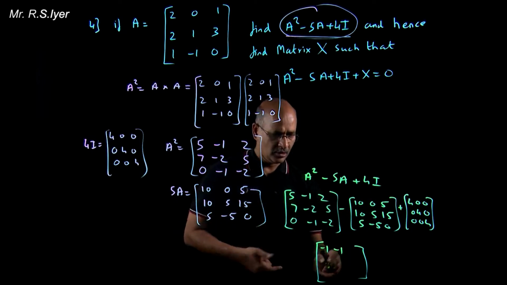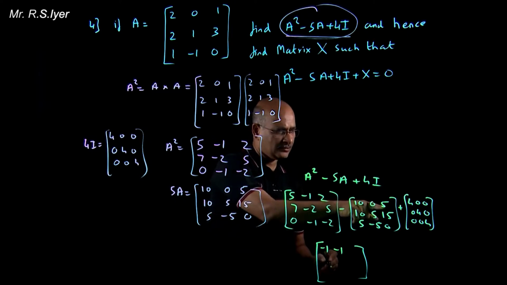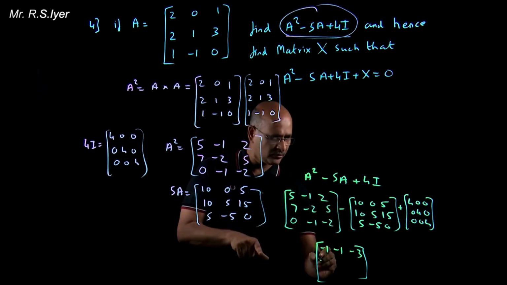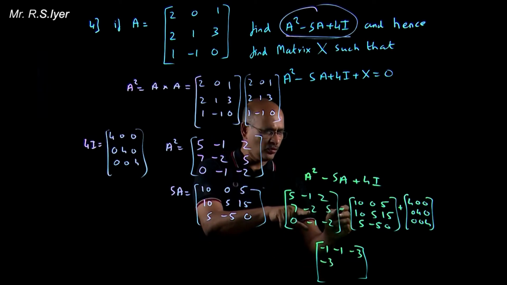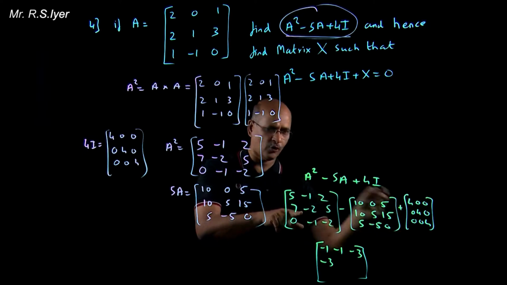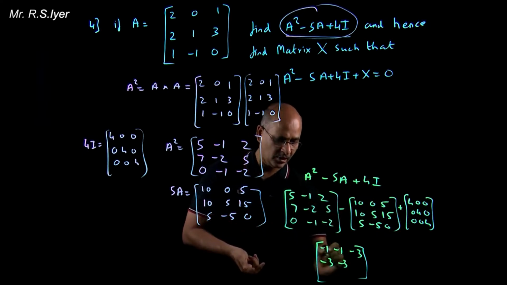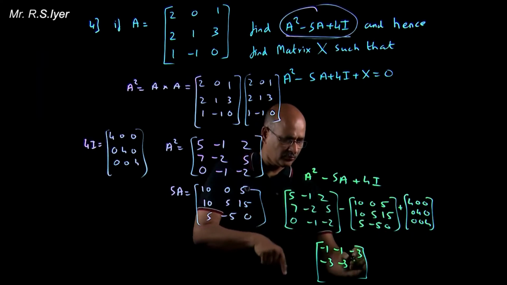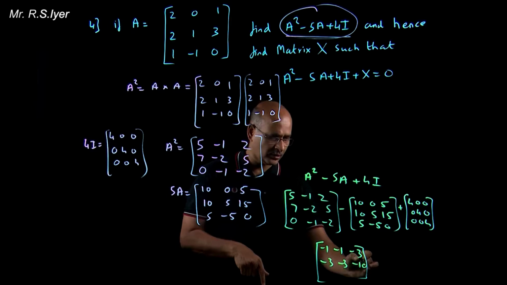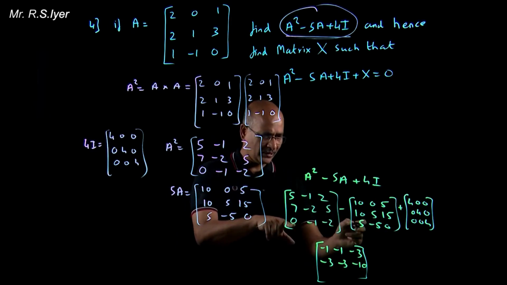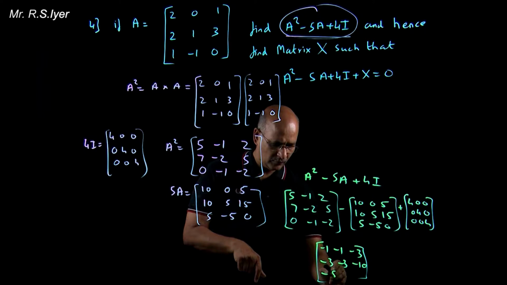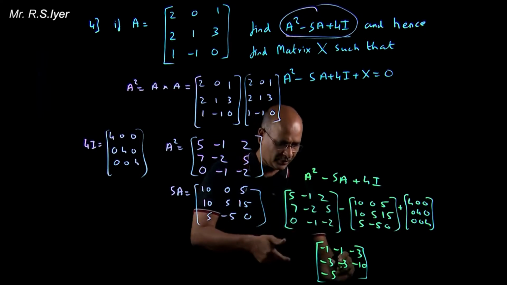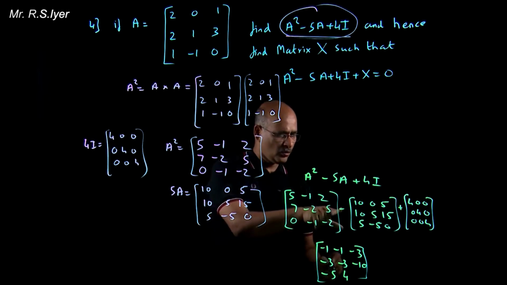So minus 1, 2 minus 5, minus 3; 7 minus 10 minus 3, minus 2 minus 5 minus 7 plus 4, minus 3; then 5 minus 15 minus 10 will be as it is, because the third element will be 0 in this case; 0 minus 5, minus 5; minus 1 minus of minus 5 is plus 5, and here it is 5 minus 1, that is 4; minus 2 minus 0.